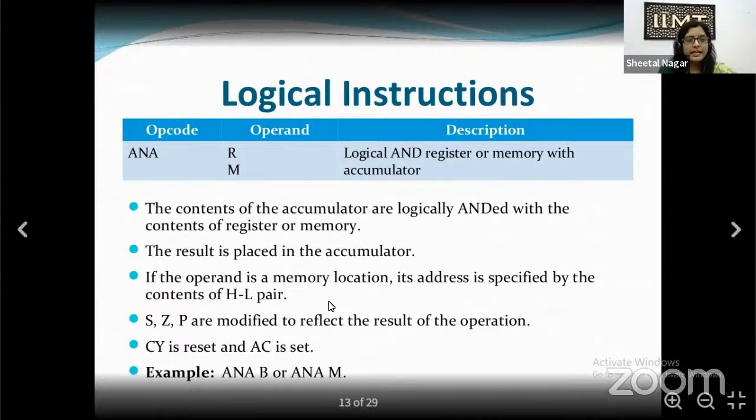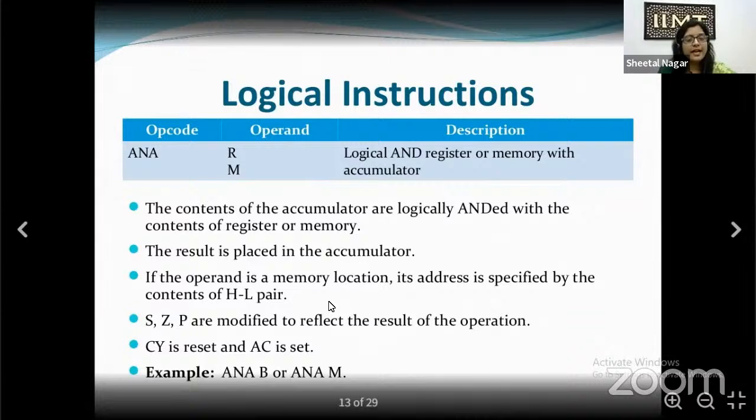Now, in ANA, the contents of the accumulator are logically ANDed with the contents of a register or memory, and the result is stored in the accumulator. If the operand is a memory location, its address is specified by the contents of the HL pair, as we already discussed.